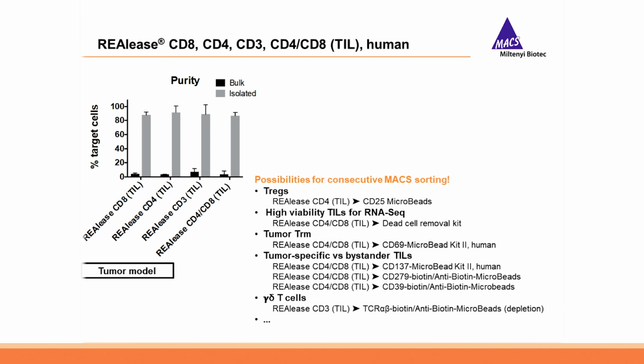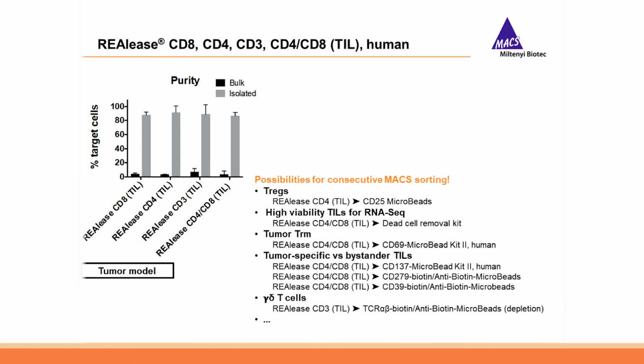Using these new reagents, we were consistently able to quickly isolate tumor-infiltrating leukocytes with high purities and directly use them for analysis. Because of the additional flexibility provided by the REAlease system, we have a world of possibilities for isolation of specific populations. We can purify Tregs from tumors, combining REAlease CD4 TIL with CD25 microbeads.